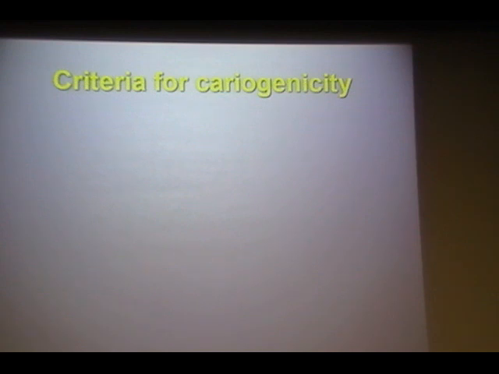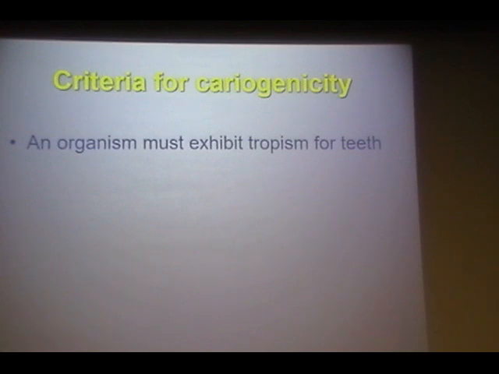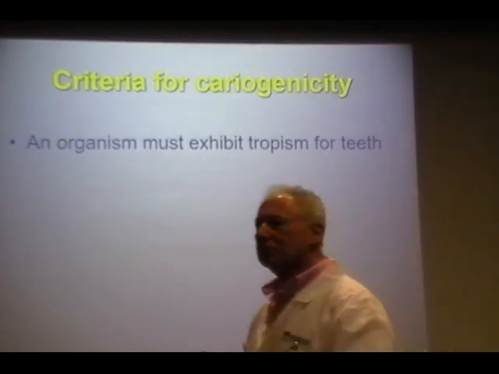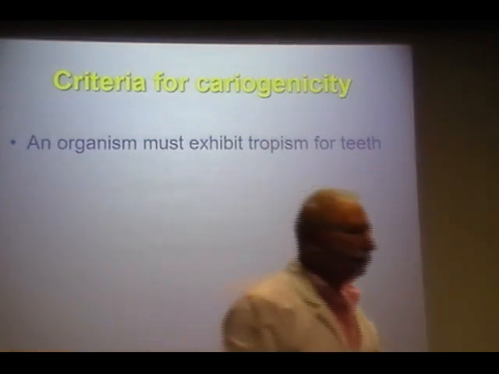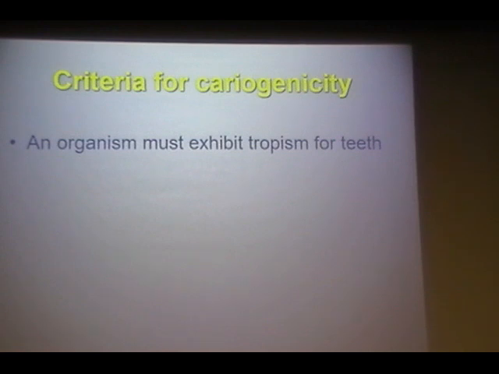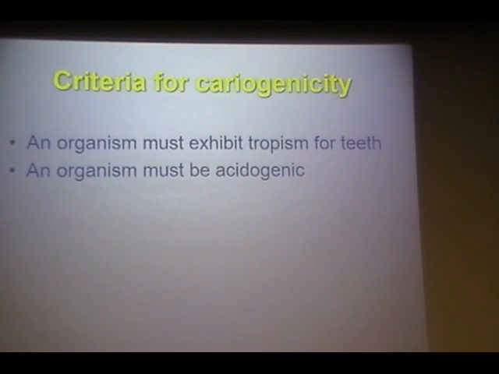All right, criteria for cariogenicity. What are the criteria that we use to identify if an organism is cariogenic? It has to exhibit tropism for teeth, a fancy word for predilection, that is, binding to the tooth surface; it needs that substrate. It must be acidogenic.